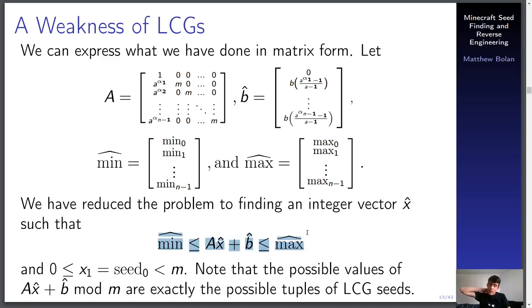And it turns out that this formulation of the problem is going to reveal to us a massive weakness of linear congruential generators. And for this, we're going to take a step back, because I know that this is going to be very overwhelming, and we're going to look at some pretty pictures.